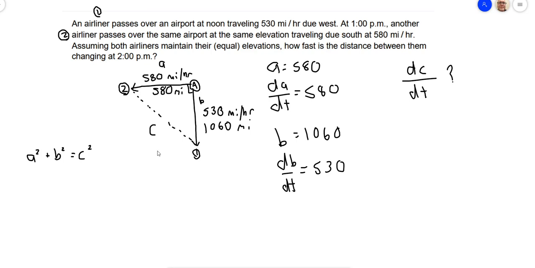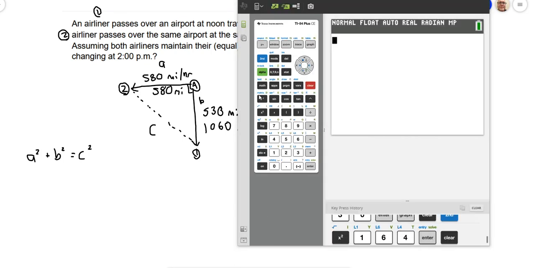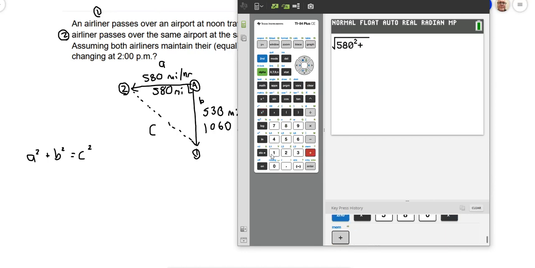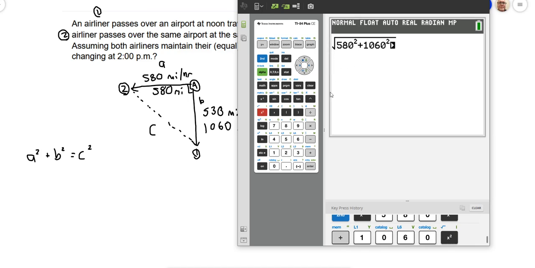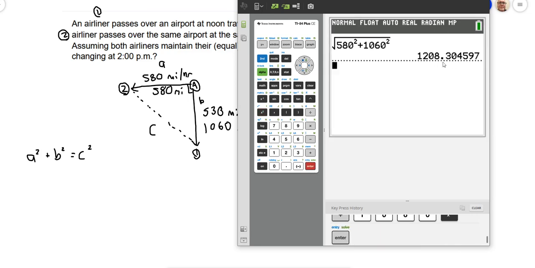So just applying the Pythagorean theorem, c is going to be equal to the square root of the 580 squared plus that 1060 squared. All right, a squared plus b squared equals c squared, and we just take the square root of both sides. So this is our c here.